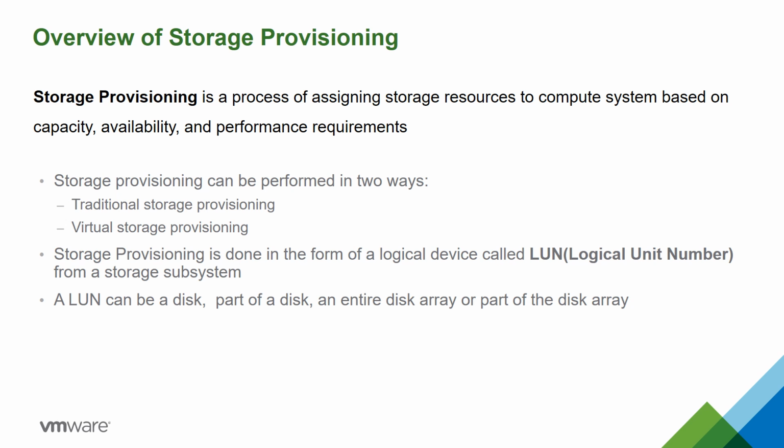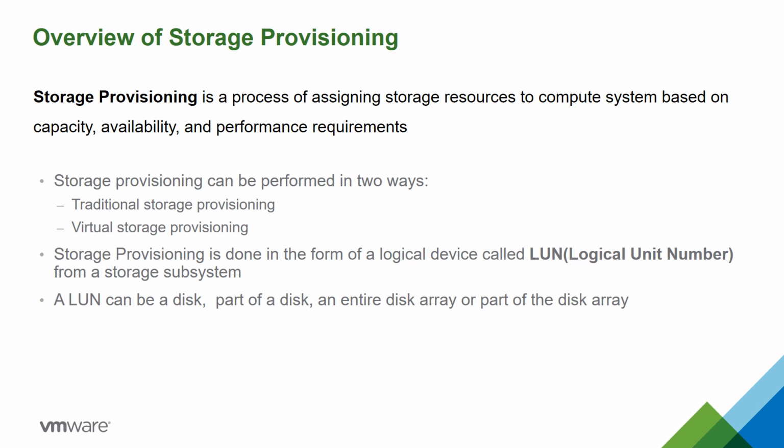So when we are planning to provision that much space to a server, in our example the mail server, there are a lot of factors to be considered. We summarize them into three things: capacity, availability, and performance. Keeping these three factors in mind, we will plan and configure our storage system and then provision the storage to the server.